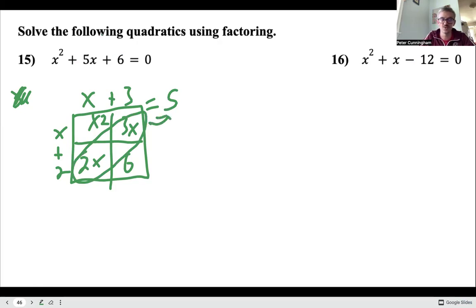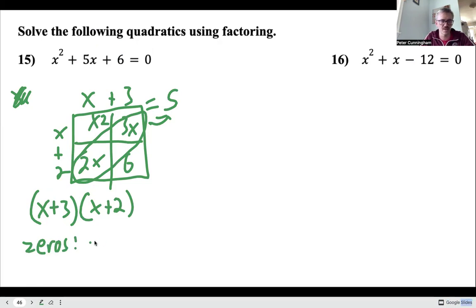Okay, but this says to solve, right? So once you have those factors, x plus 3, basically taking standard form, turning it into factored form, and then taking those factors and creating zeros out of them. So if the factor is x plus 3, the zero: x plus 3 equals 0.